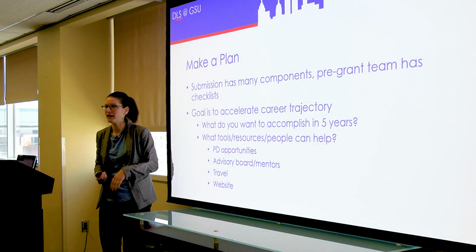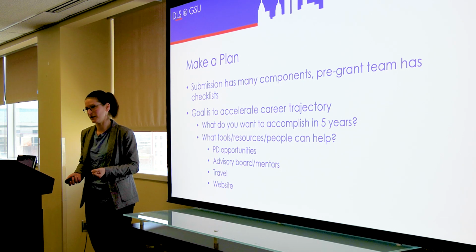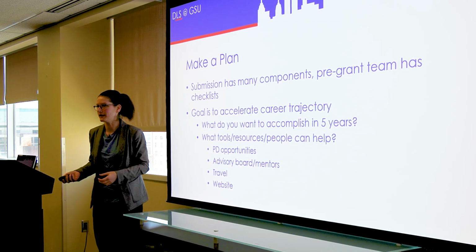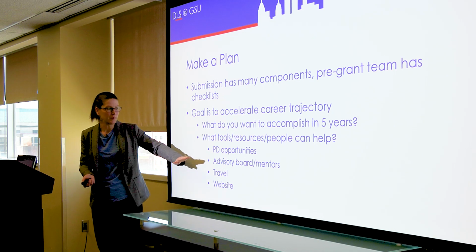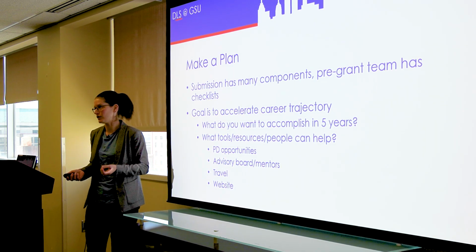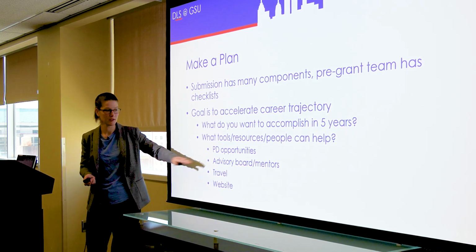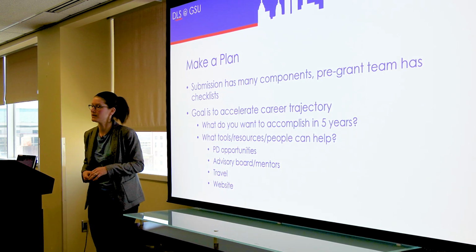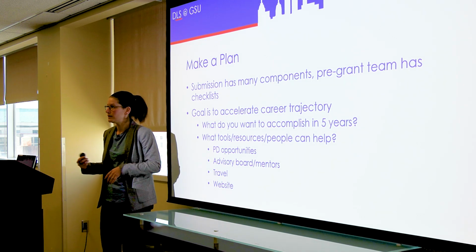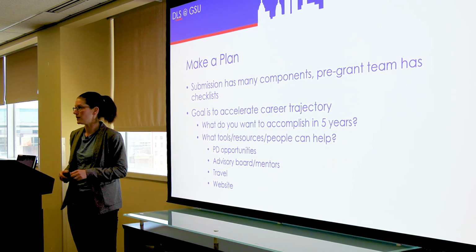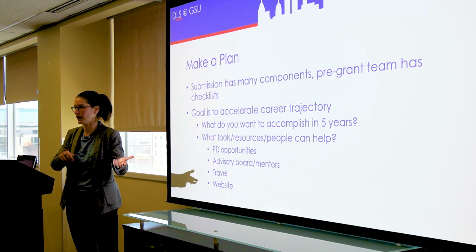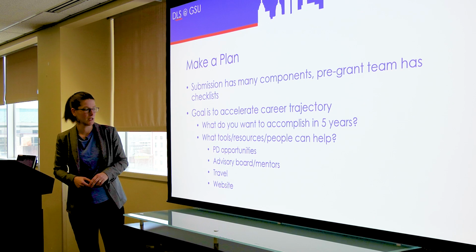So if there's a summer workshop that you've always wanted to go to, great. Use CAREER funding to go to that. If there's some people that you really want to work with or a particular knowledge that you want to gain, use your advisory board and members to work on that. Like I mentioned, I included a lot of travel in mine so that I could visit other people and become better known in the field, and I get a better idea of what's happening in the field.